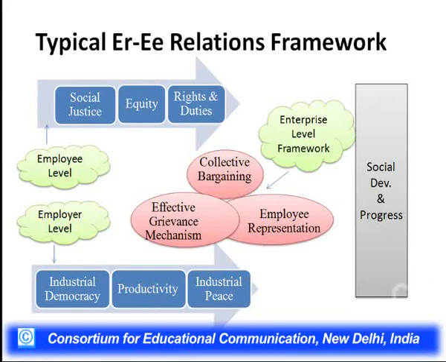Now this is a typical employer and employee relation framework. In this particular case, you can see the top arrow has three components: social justice, equity, and rights and duties. This is basically the employee level entities. At the same time, the bottom arrow again has three different components: industrial democracy, productivity, and industrial peace. So this is at the employer end.